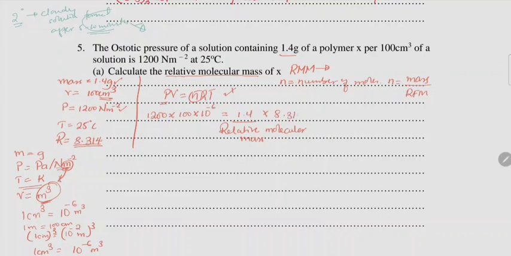Times molar gas constant, which is 8.314, times 25 plus 273. That's how we change it to kelvins. So finally, relative molecular mass will be 28905.00667. Since it's relative, no units.